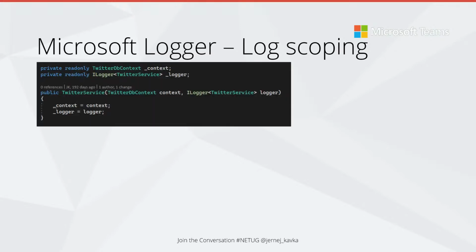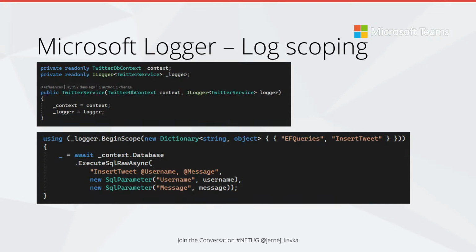And what it allows you to do is essentially make a scope. If I highlight this, it means that everything inside this using has an additional context that we can then use to search this particular query.